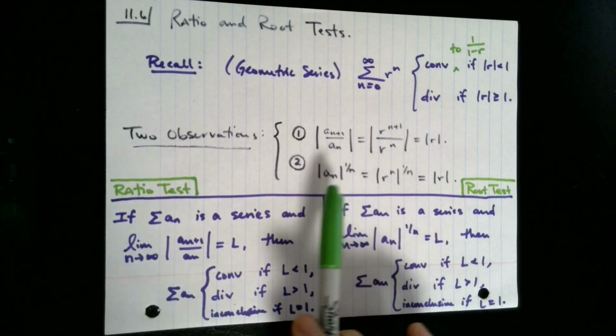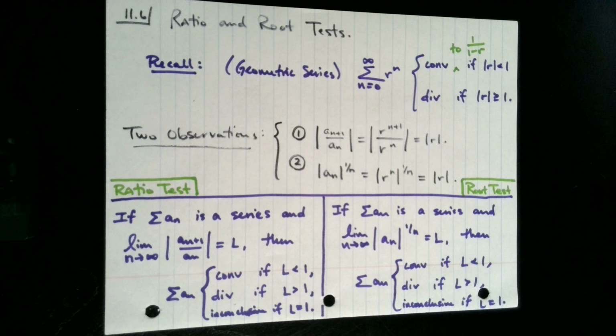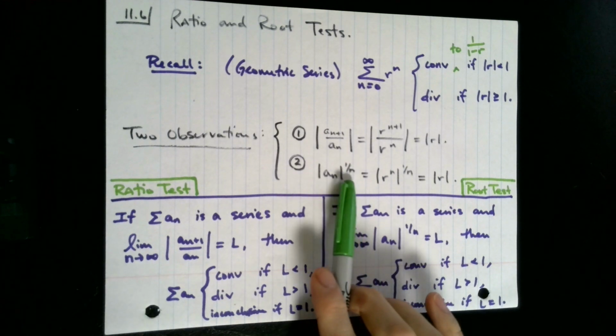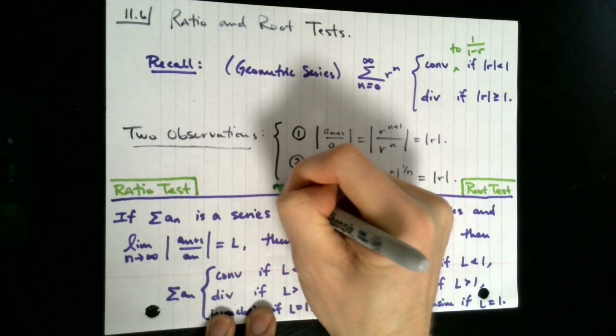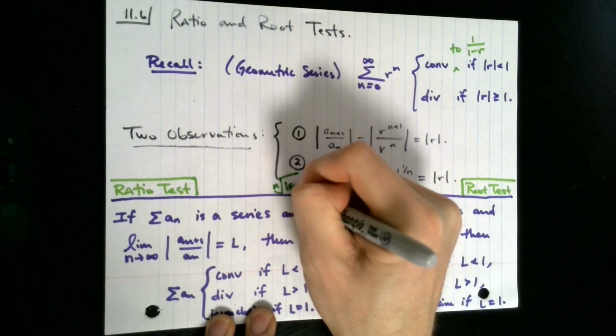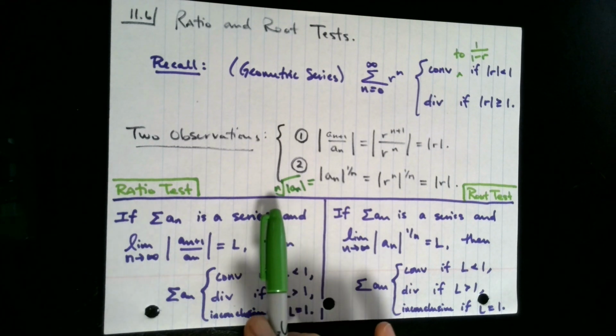Right, another observation. What if we look at the terms of the series raised to the 1 over n power? Note, you could also write this as the nth root of a sub n, because how do you rewrite an nth root?